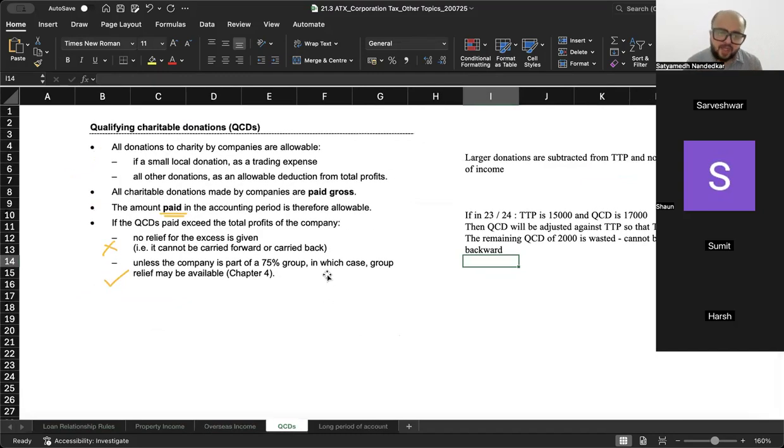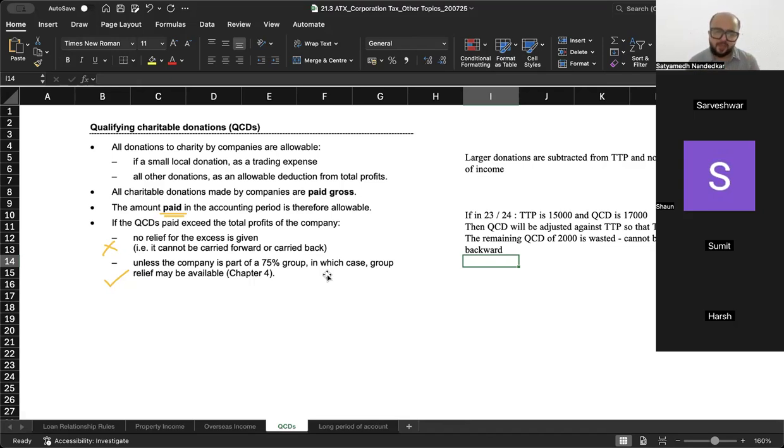Now, what are qualifying charitable donations? All donations to charity by companies are allowable. If a small local donation is given, then it is a trading expense; all other donations are allowed as a deduction from total profits. If there is a QCD, that amount will be given to you. It is always paid gross.